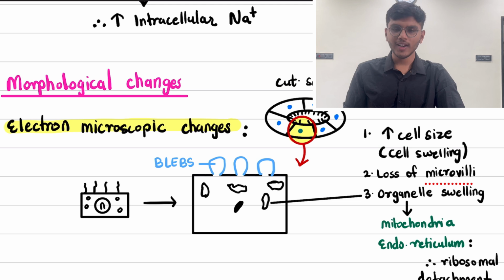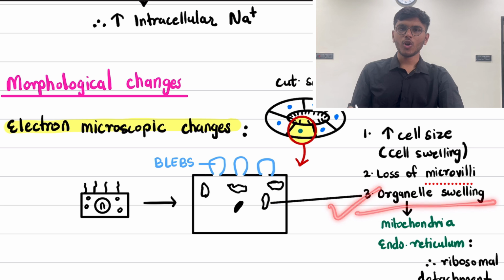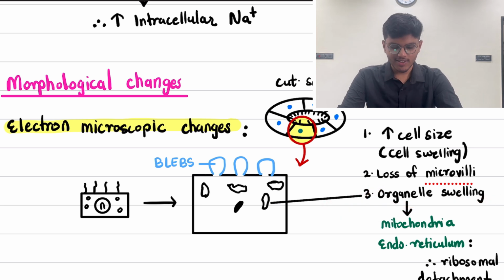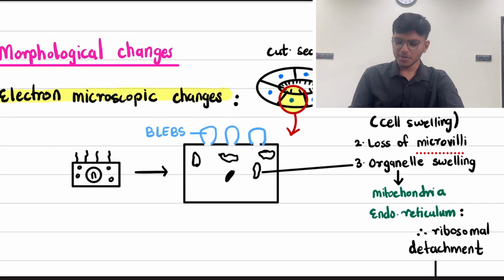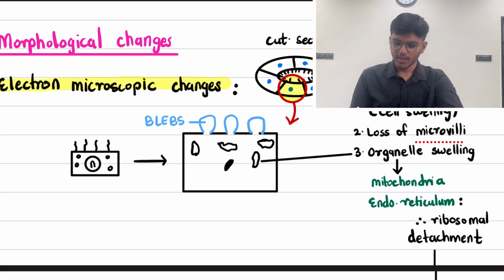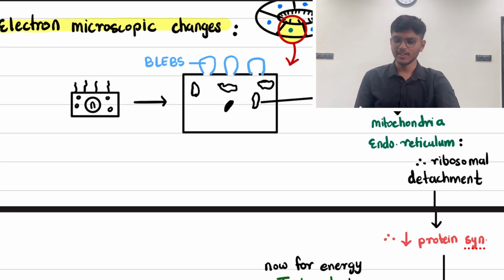And one last thing which occurs in reversible electron microscopic change is organelle swelling. The organelles which get swelled in these damaged cells are mitochondria and endoplasmic reticulum. As endoplasmic reticulum gets damaged, ribosomal detachment occurs, which leads to decreased protein synthesis.